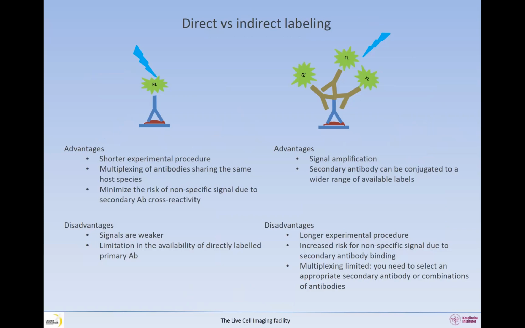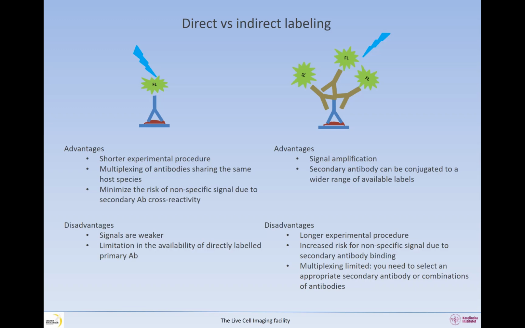If we are doing multiplexing, then these antibodies are very useful, especially when we are sharing the same host species. And we can also minimize the risk of non-specific signals due to secondary antibody cross-reactivity. But of course, it has its disadvantages, because the signal will be weaker.